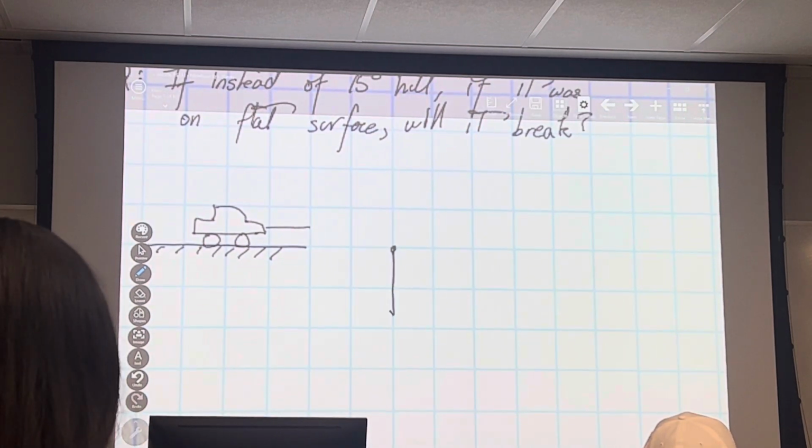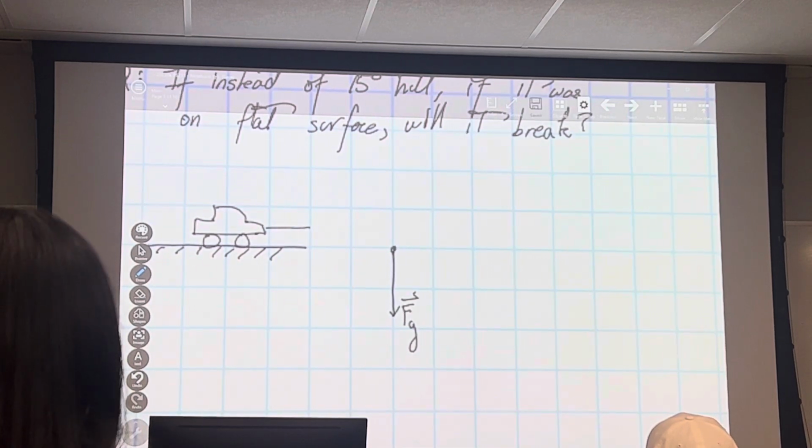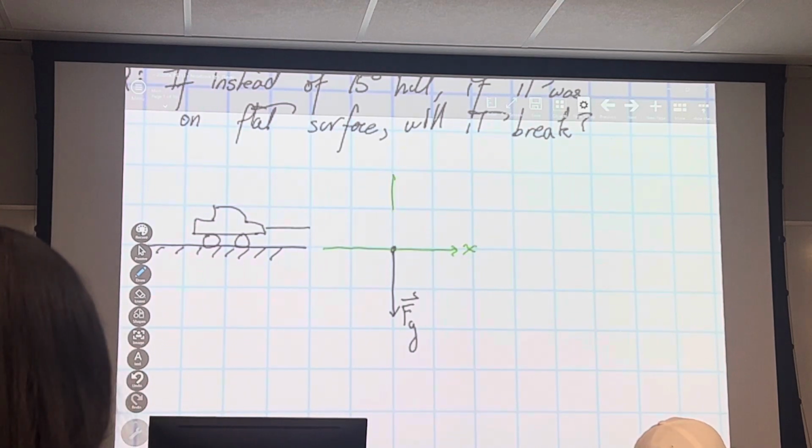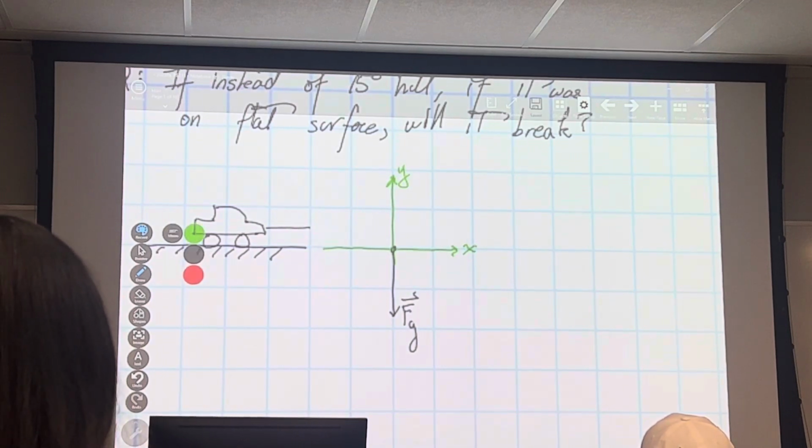You have force of gravity down. What else do you have? The normal force. This time the surface is flat, so we can use the typical XY Cartesian coordinate. That is left, right, and up and down. So the normal force is directly in the Y.